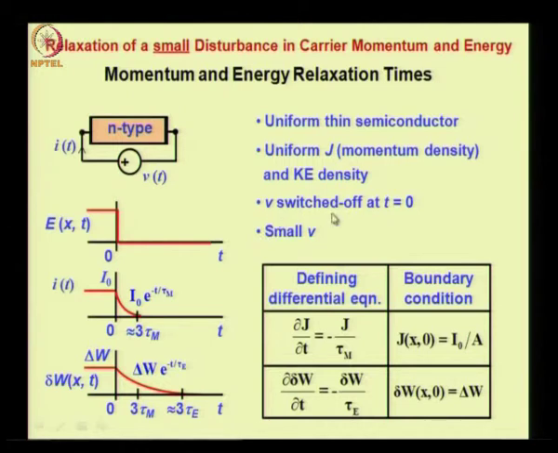Now when you switch off the impulse, the system tries to return to equilibrium. We assume a small value of voltage so that we get simple equations to characterize this situation. The electric field is uniform over x, and at t equal to 0 it goes to 0 because the V is switched off.